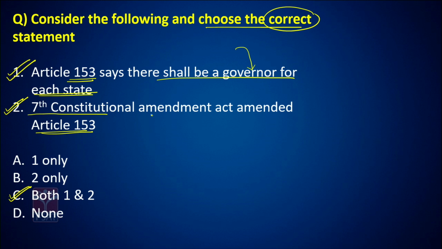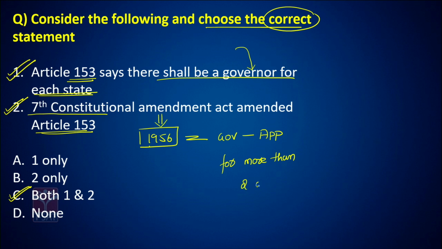Now this 7th Constitutional Amendment Act in 1956 said there shall be a governor appointed for 2 or more states also. The same governor can be a governor for 2 or more states also.